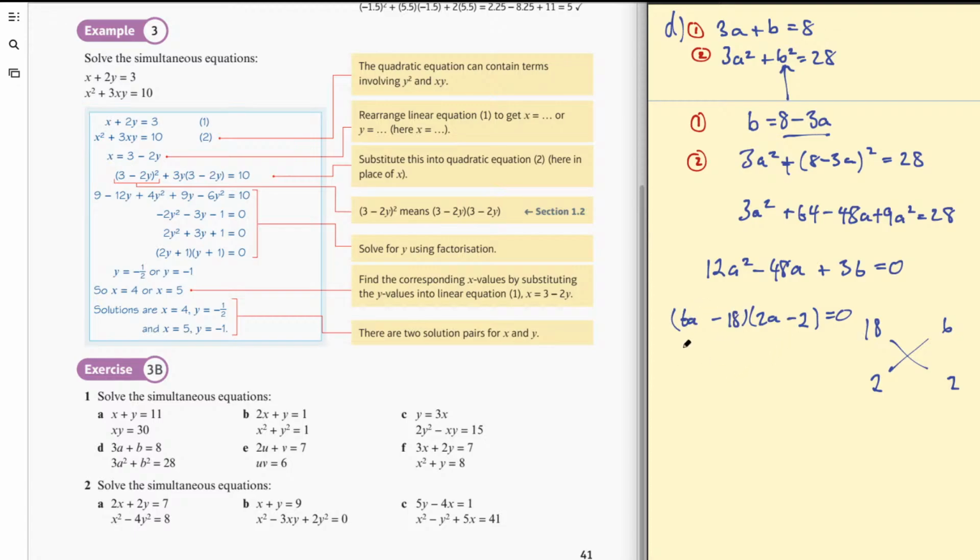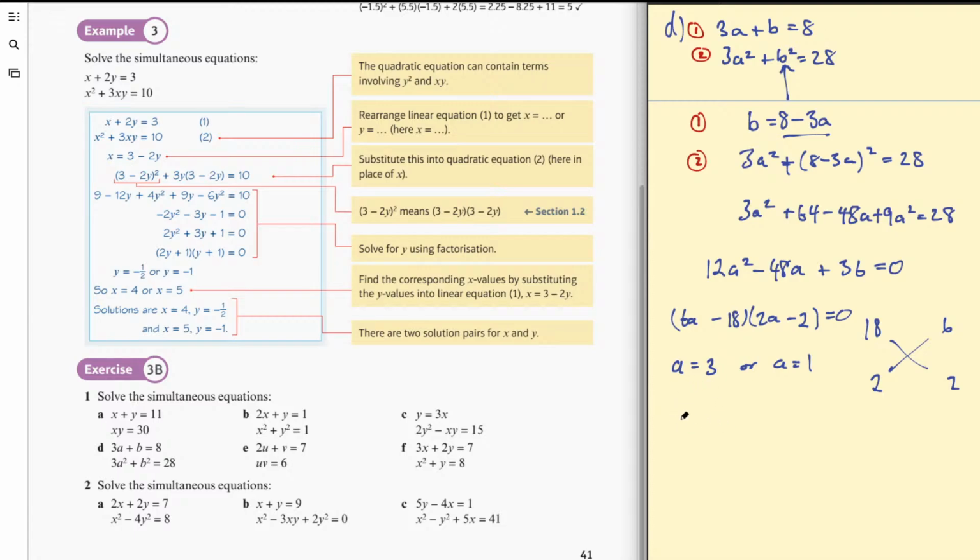So expanding this out, we get 12a squared take 36 take 12 is negative 48a plus 36. So then a equals 3 or a equals 1. Okie dokie.